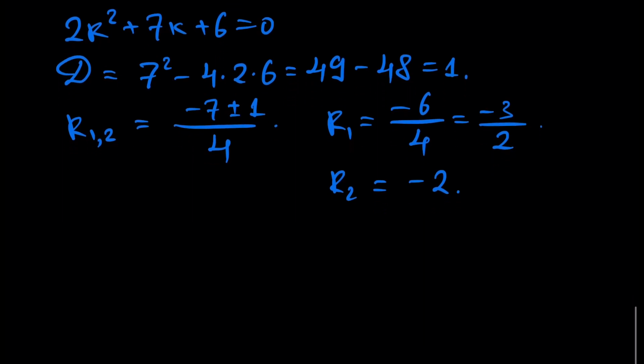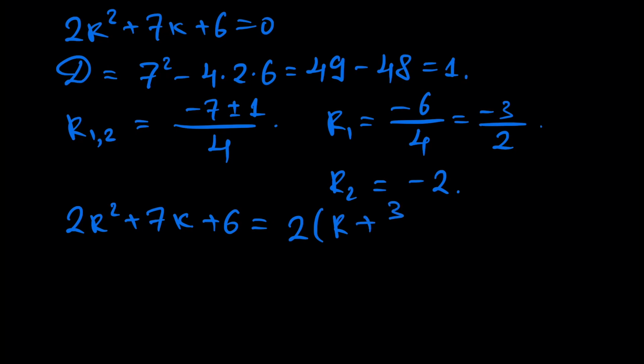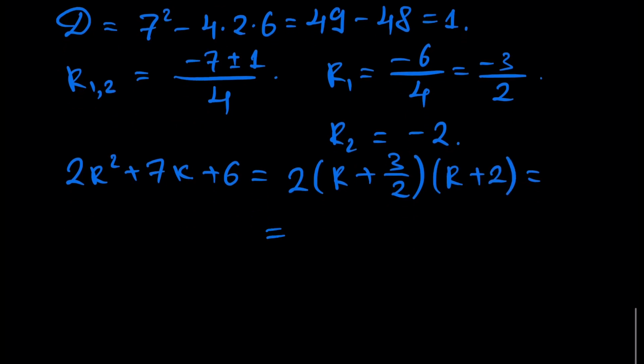That's why, using these roots, 2k squared plus 7k plus 6 can be written as 2 times k plus 3 over 2 times k plus 2, or 2k plus 3 times k plus 2.